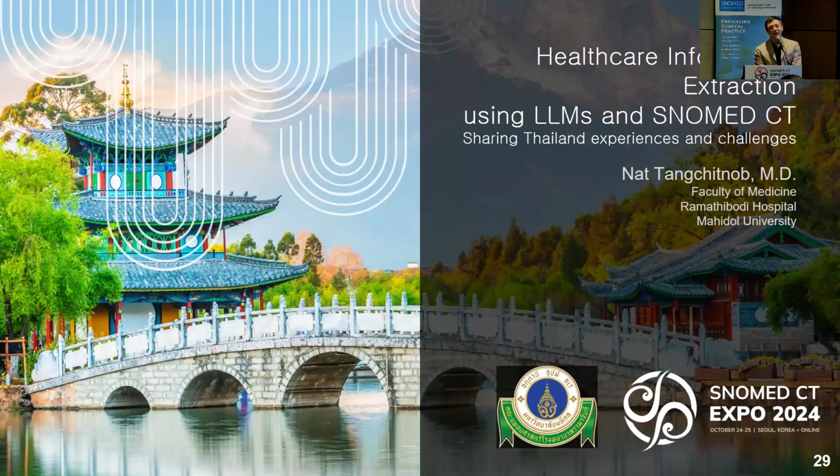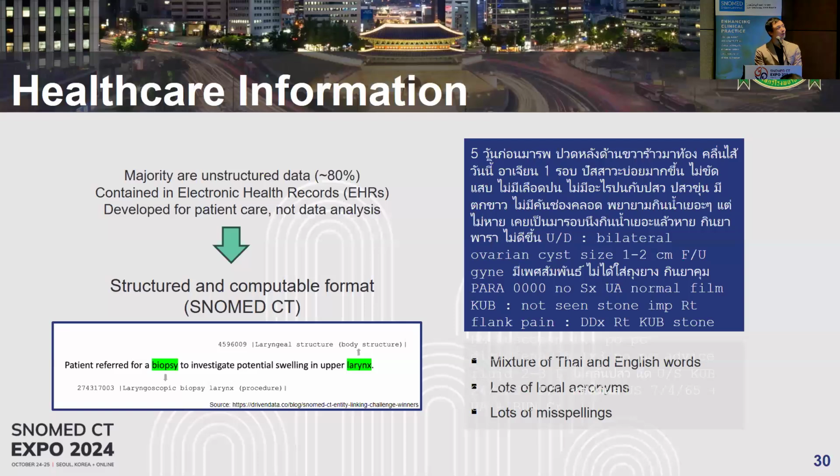In the last session, we heard about how MedCat extracts information from data, and it's open source. Everyone can use it, but not Thailand, because our data looks like this. We have Thai language and English language jumbled up together.